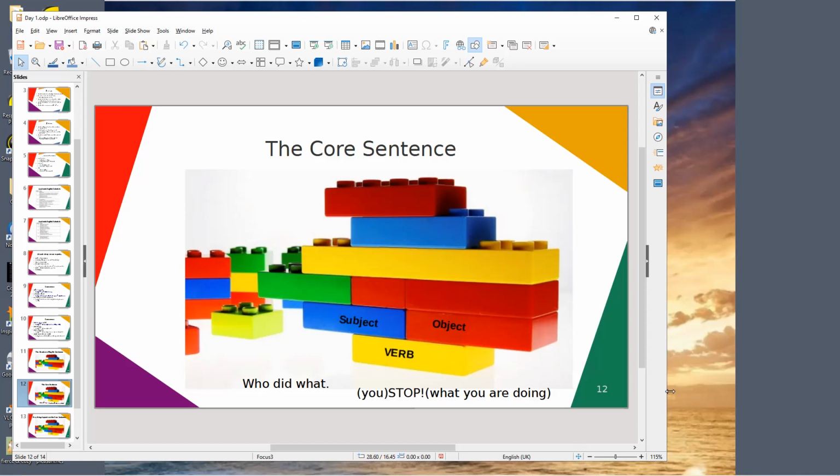So what do we need to watch out for in our sentences? What do we need to make sure that we have in every single sentence? Verb. Exactly. So the focus of an English sentence is always going to be the verb.